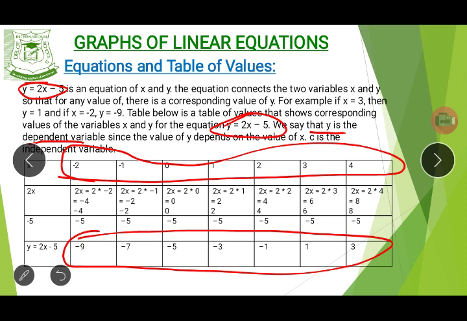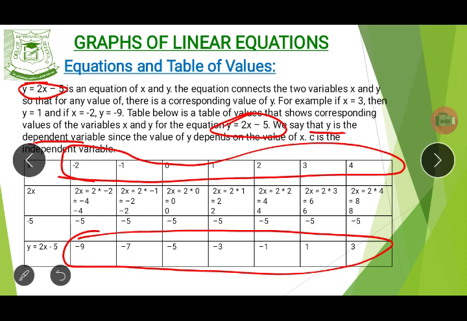It's the dependent variable. Underline dependent variable there inside your note. Underline dependent variable. Okay, and then since the value of y depends on the value of x, it is the value of x that will determine the value of y in our solution.